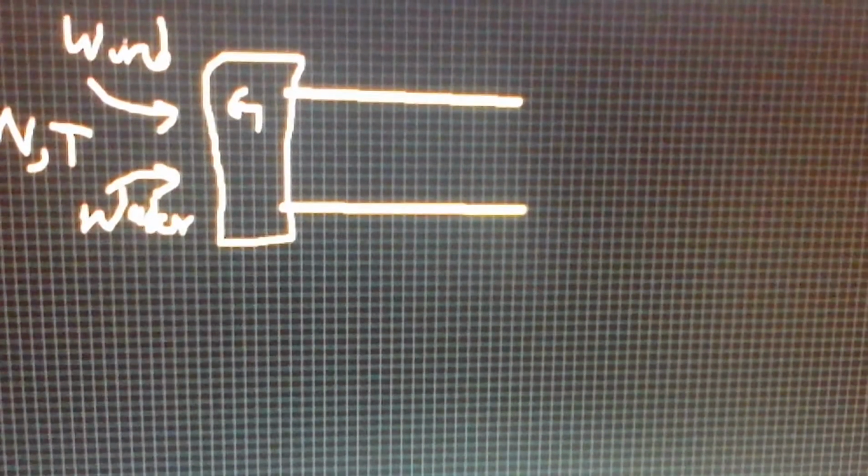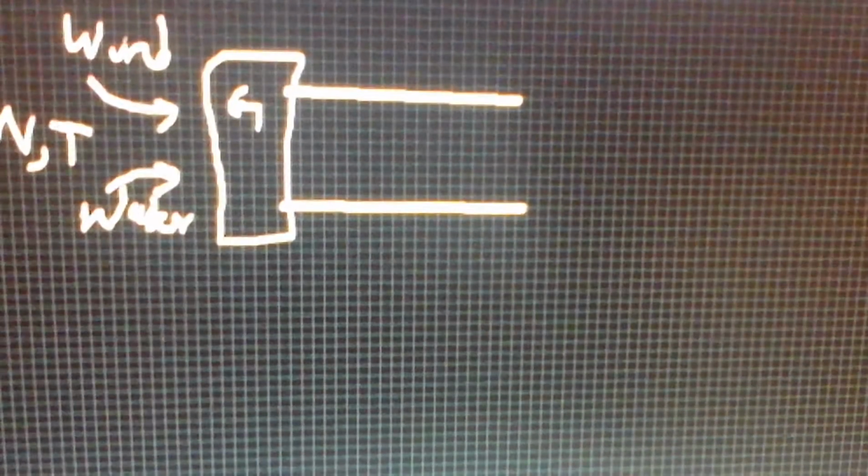So there is not just a V naught generated, but V naught sine omega t, and this is what makes it alternating. It is called the alternating voltage because it varies with time, and omega is the angular frequency.